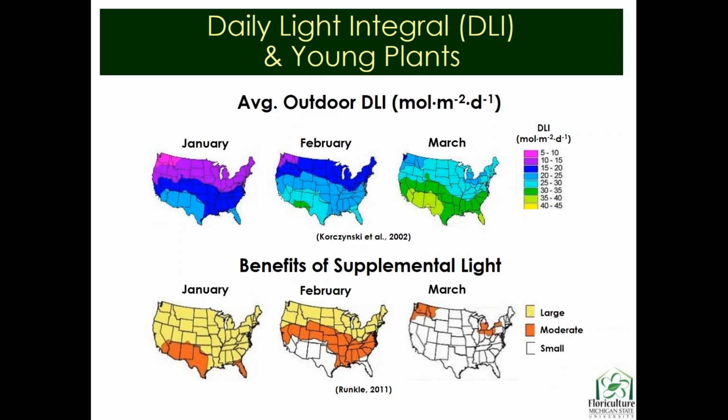Now, as I said, once we move into a greenhouse, we can cut those levels anywhere between, let's say, 50 to 70%, depending on the greenhouse structure. So when we think about the benefits of supplemental lighting, January and February are definitely large benefits. Then once we move into March, those benefits become more moderate.